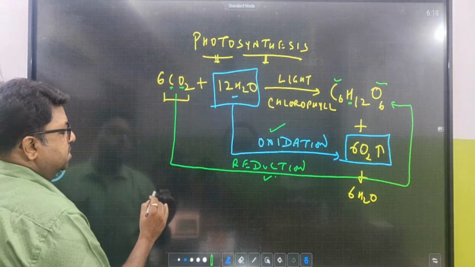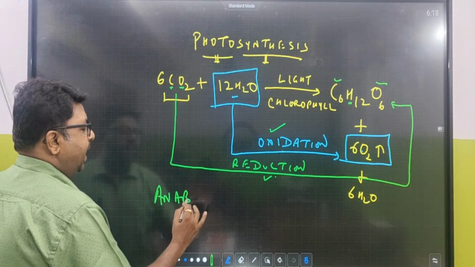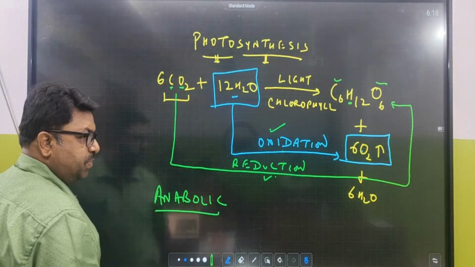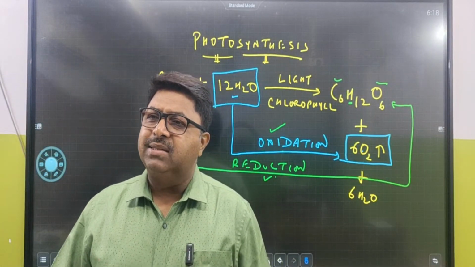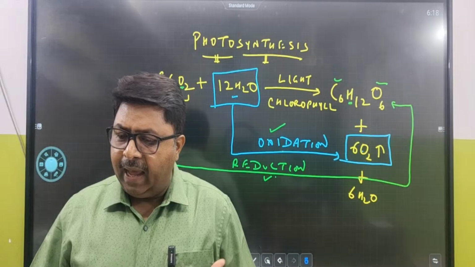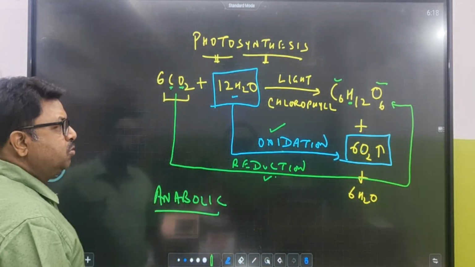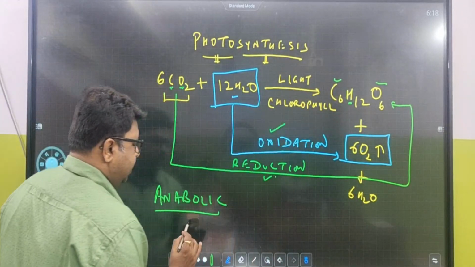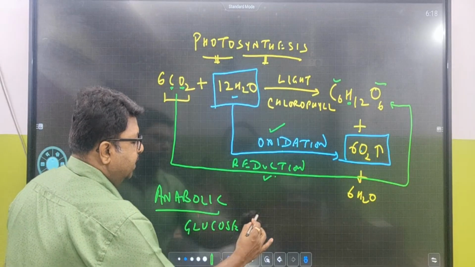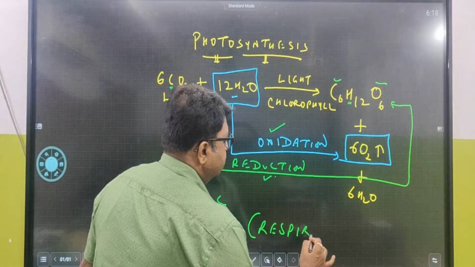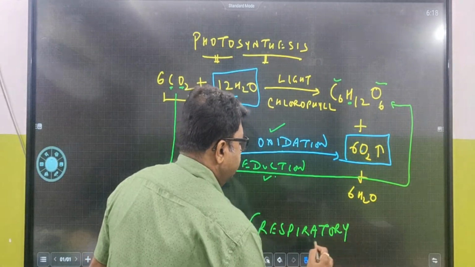So this is photosynthesis, which is an anabolic process. What is an anabolic process? The process where we get something which is constructive. And by this process we have been able to make glucose, and this glucose is called the respiratory fuel of life.